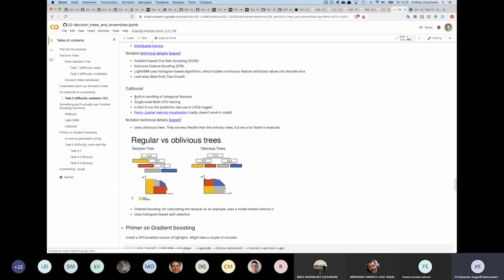And with such features, the approach that works is about computing some statistical quantities for every category. So for every category, you might be interested in the ratio of those electrons in a signal sample with respect to the background sample.